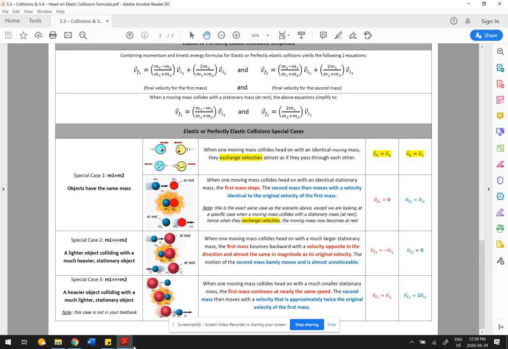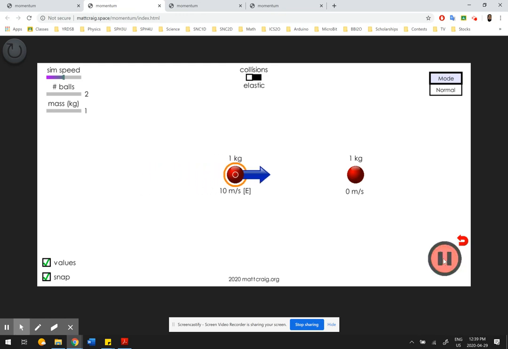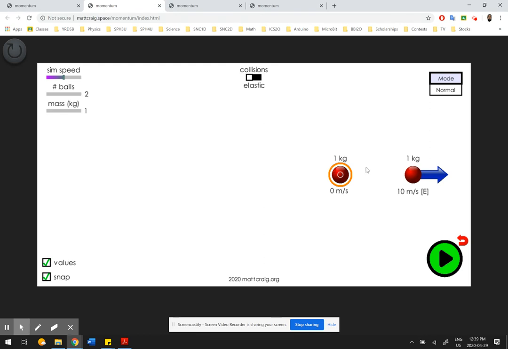Now, consider the case where the objects have the same mass, 1 kilogram and 1 kilogram, and they are colliding with each other, except one object is at rest. So object B is at rest. We're going to see what happens. So notice how now object 1 exchanges velocity.